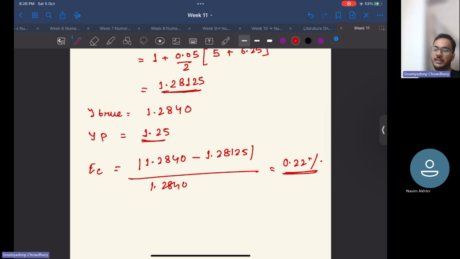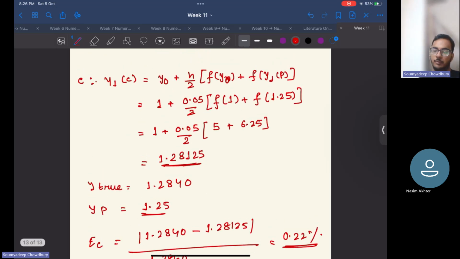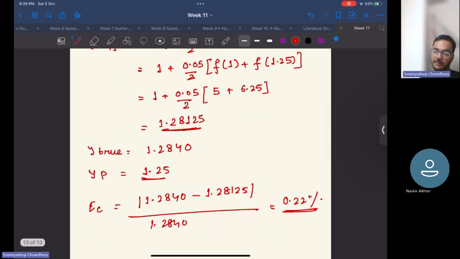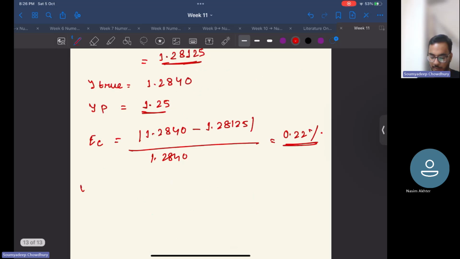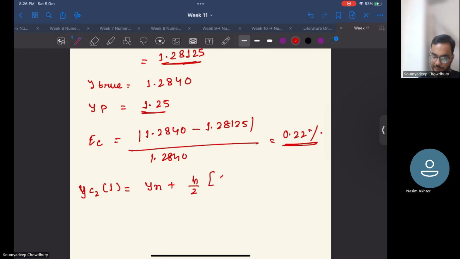This was the first order predictor corrector. So here what we can do is, if we want to further reduce the error, we can do one more step or multiple steps of this corrector technique. Like if we do the second step of this corrector technique, it will be yn plus h by 2 f of yn plus f of the solution, where earlier we were using the predicted solution, right? So here we can use the new corrector solution.